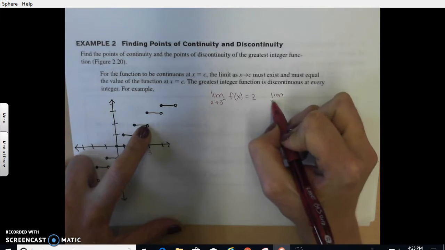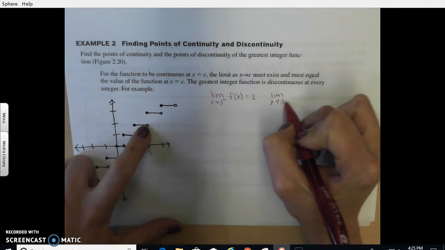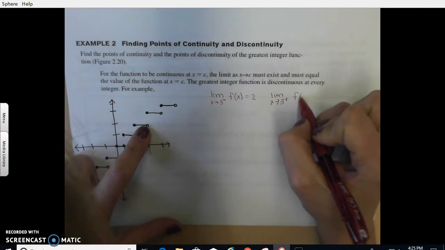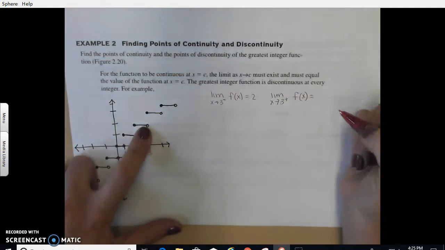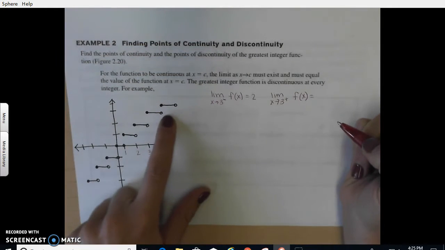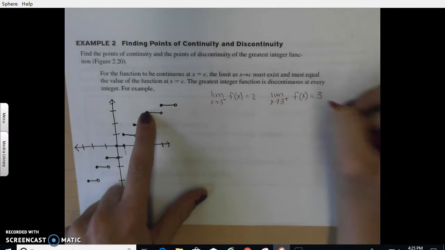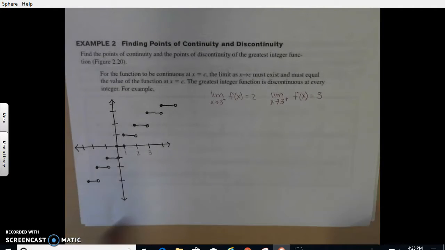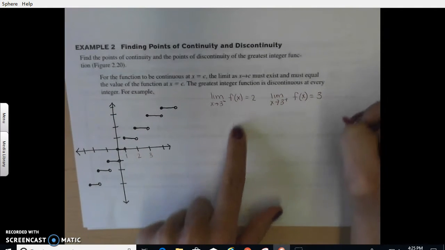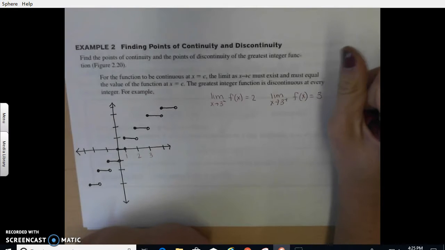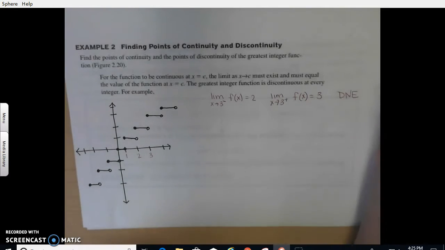And the limit as x approaches 3 from the right of our function f of x is equal to 3. So the limit as x approaches 3 does not exist for our two-sided limit.